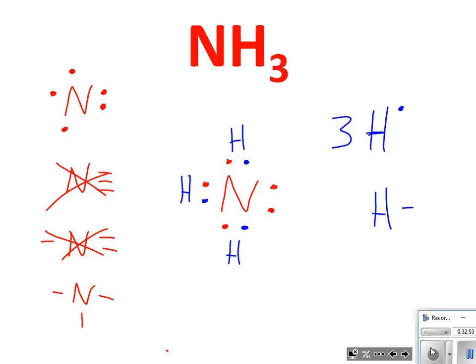It only needs 2 electrons to fill its outermost energy level. So, do I have an adequate dot notation there? Yes, I do. So if I'm going to draw this using my dashes, I'm going to draw nitrogen bonded to 3 hydrogens.